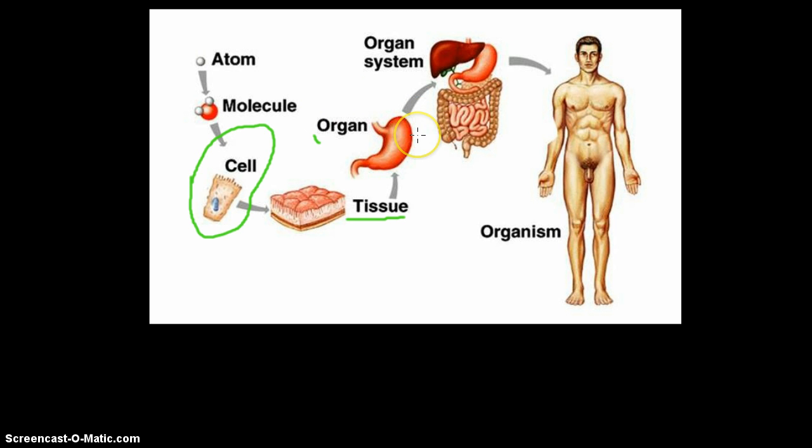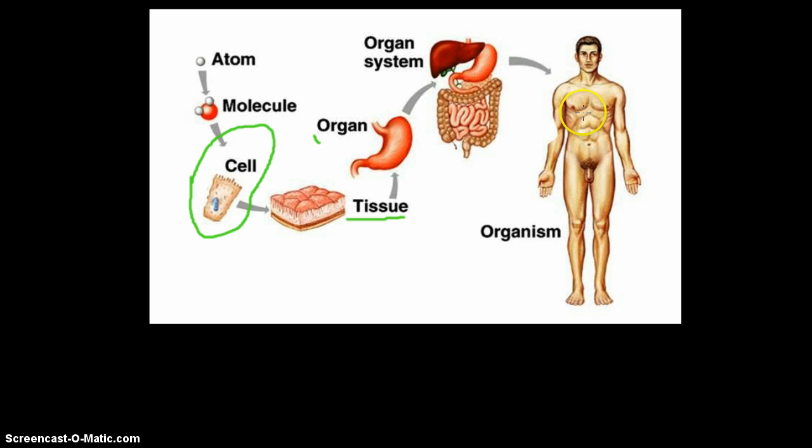The stomach makes up an organ system. In this example, we have the digestive system, where this is actually the liver, this is the stomach, this is the small intestine, and this here is the large intestine. Different organ systems make up the whole organism as a whole, which is in this person over here.